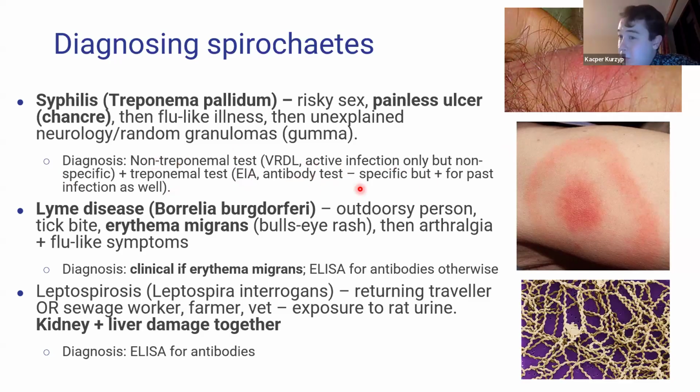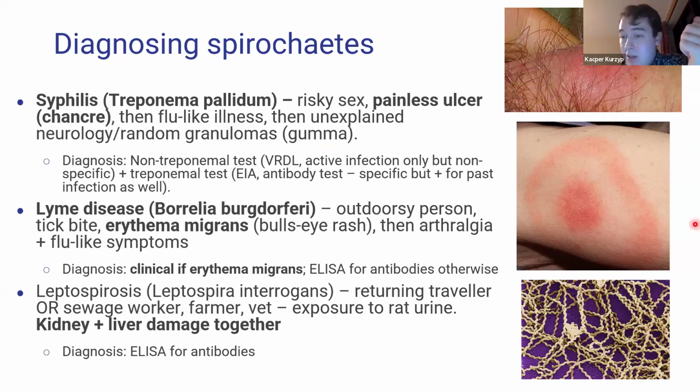So it is specific to syphilis, but if you had syphilis once, it will always be positive. So if you get both positive, it is syphilis. If just VDRL is positive, it's a non-specific result. You may have SLE or other autoimmune condition. Just positive for EIA or treponemal test, you had syphilis in the past, but you don't have it now.